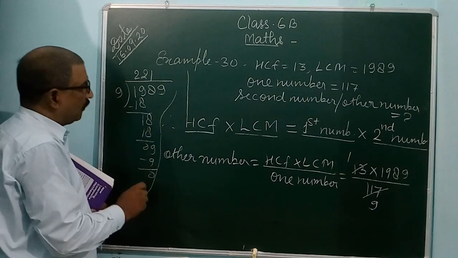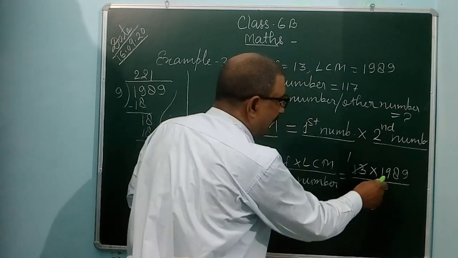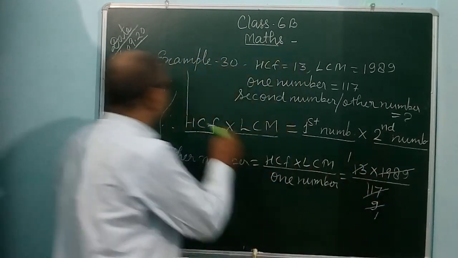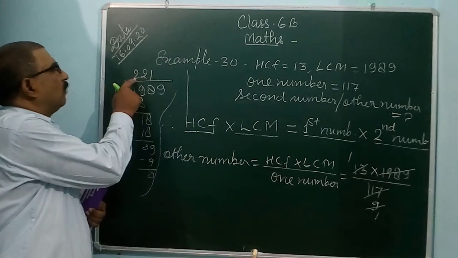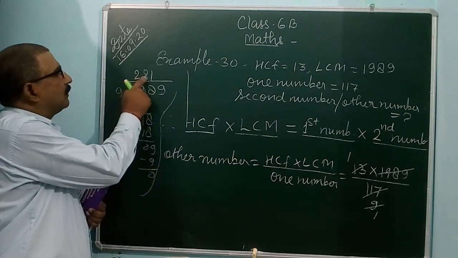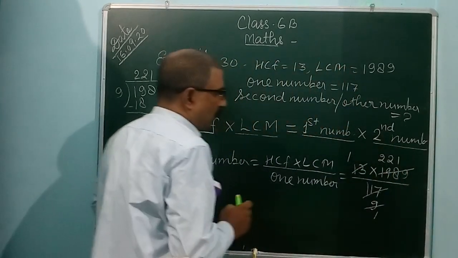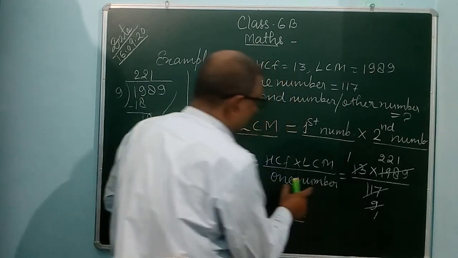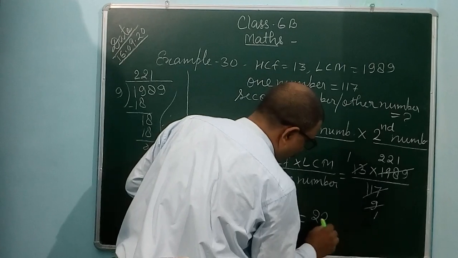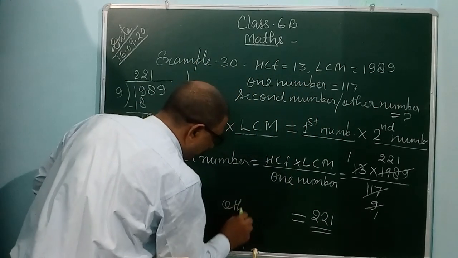It means 221 times goes. If you divide 1989 by 9, what comes? 221. 221 nines are 1989. So you can write 221 here. So the other number will be 221. So 221 will be the answer as the other number.